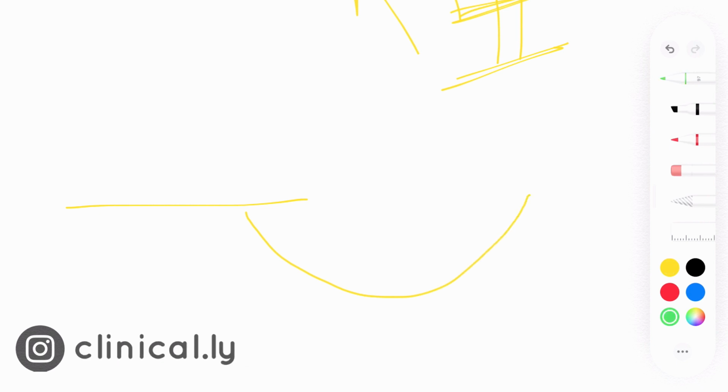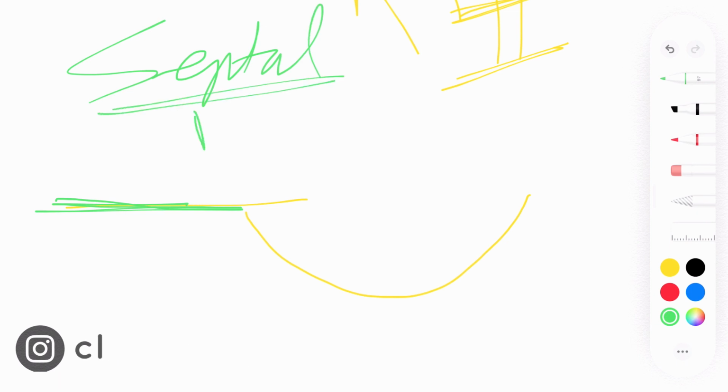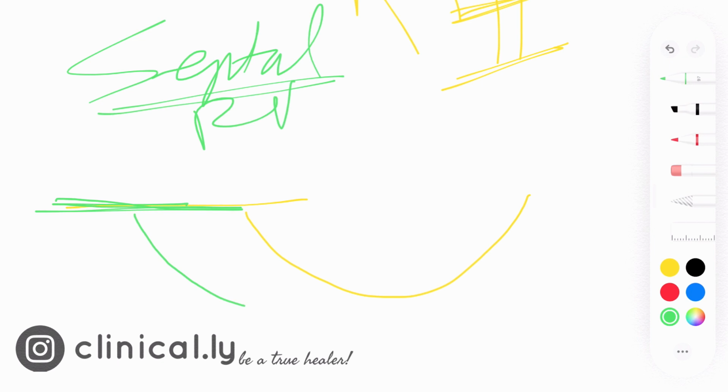So now let's see. On the isoelectric baseline, due to the septal activation or the RV activation wavefront, a first negative deformation is created.